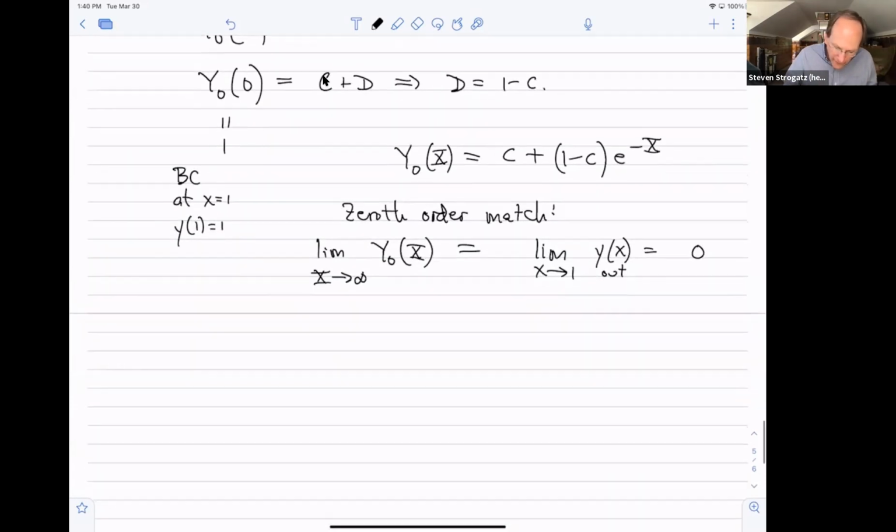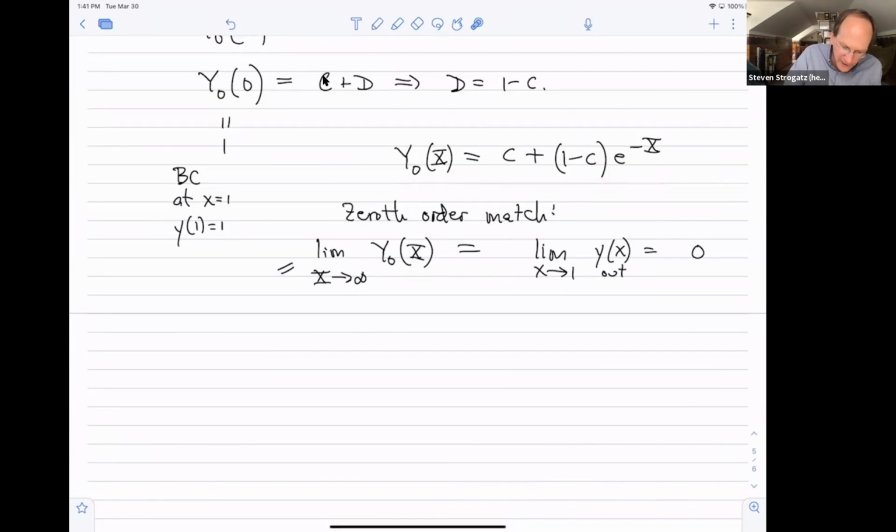Whereas over here, I'll stay on the same page. What am I doing? Here I have to look at this expression, this equation up here, and take big X to infinity.